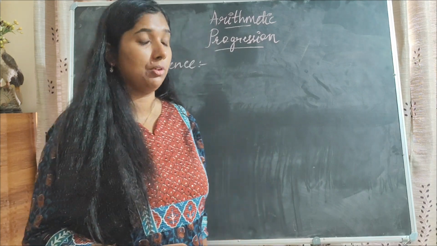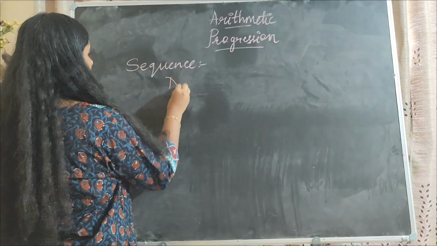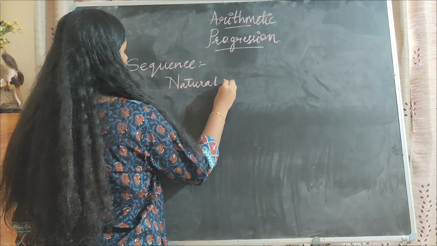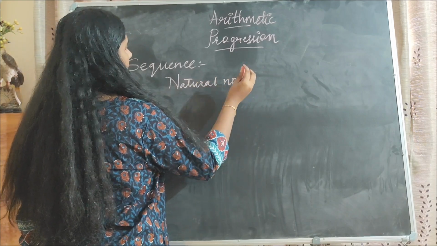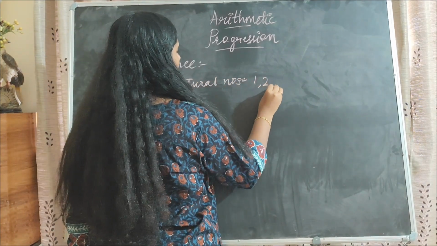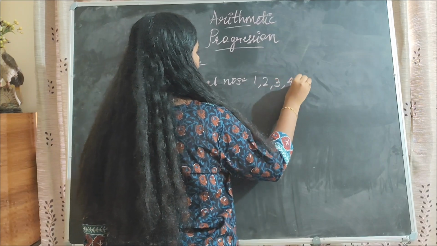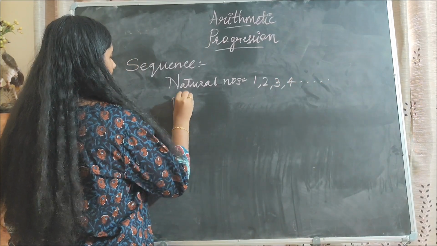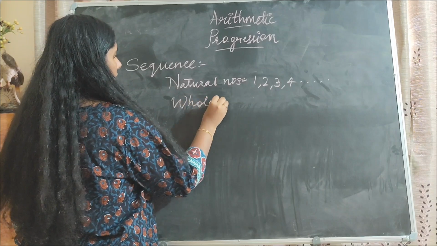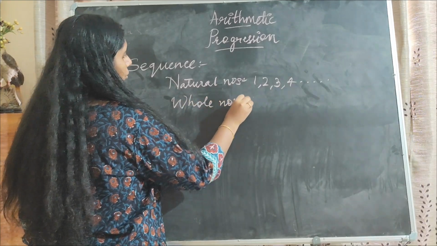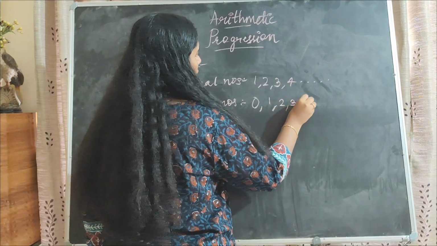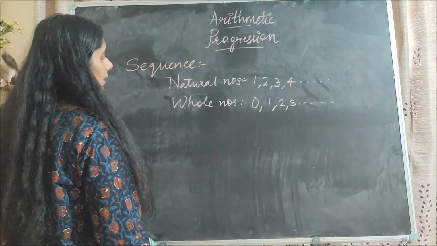What are natural numbers? Natural numbers start from 1, 2, 3, 4 and so on up to infinity. What are whole numbers? Whole numbers start from 0, 1, 2, 3 and so on up to infinity.